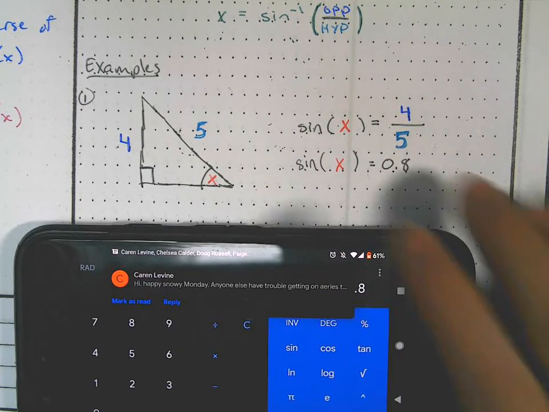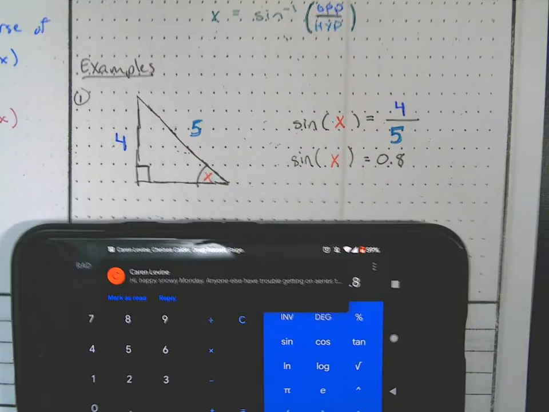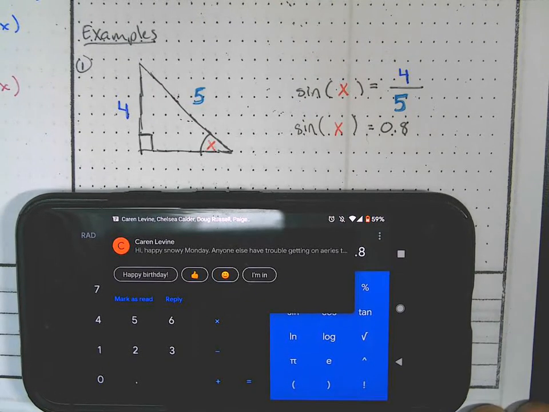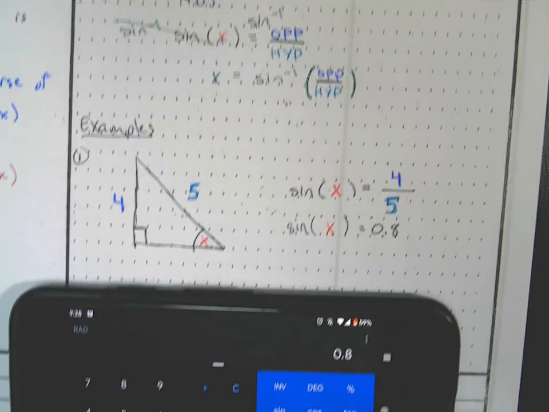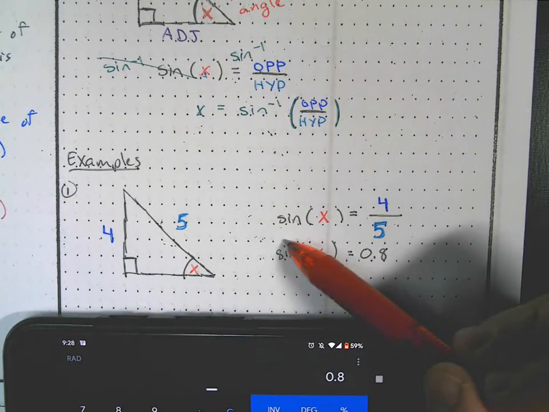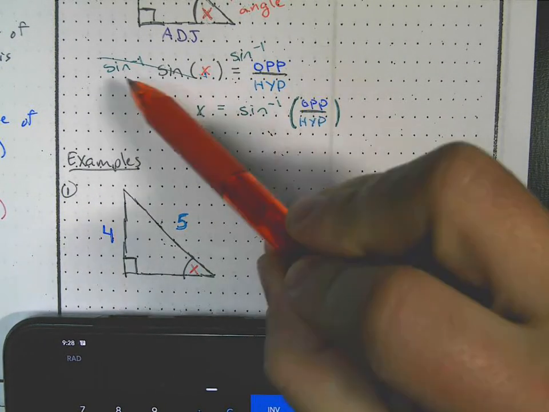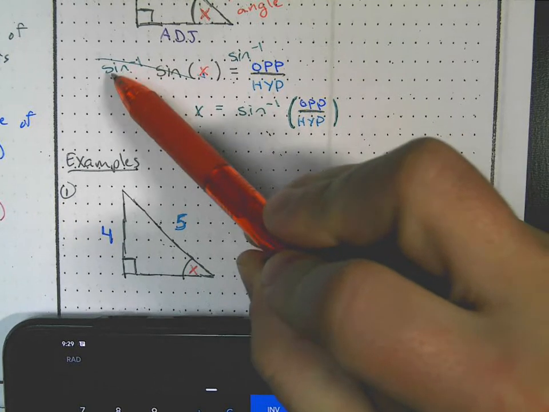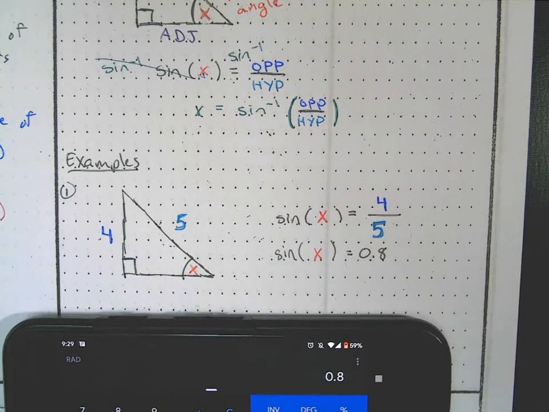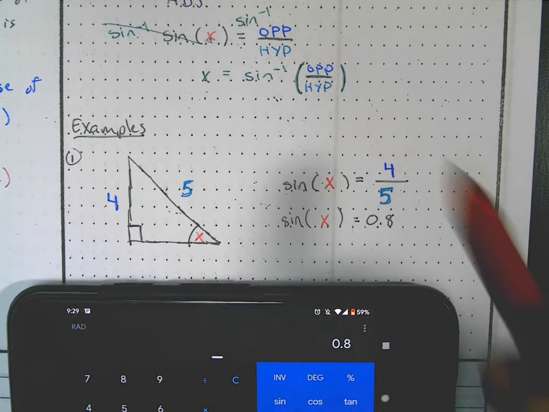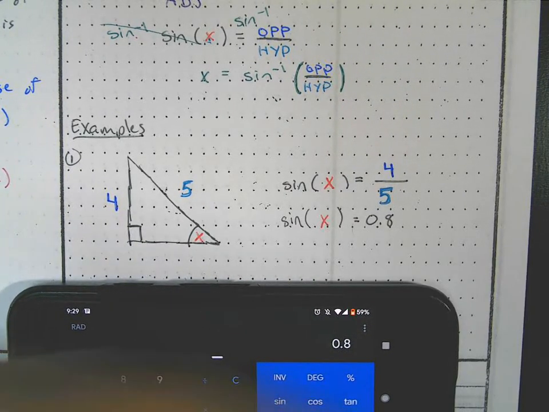Now this is where we use our new step to help us solve for x. So our new step is, how do I get rid of this sine right here in black? Well, I'm going to use the sine inverse from up here. So I'm going to apply the sine inverse to both sides, and that will cancel out the sine.